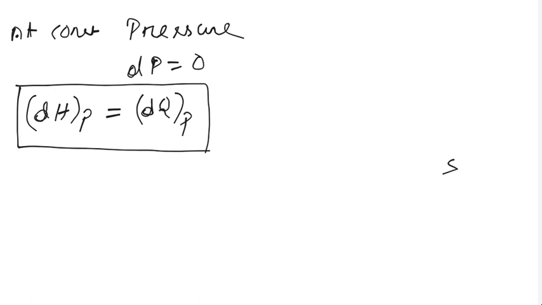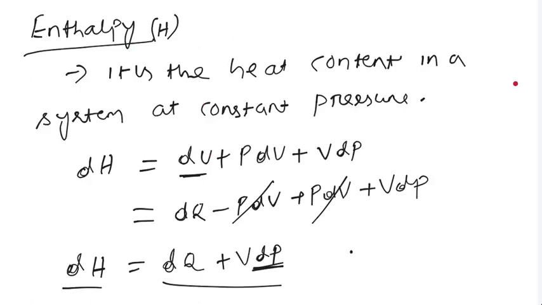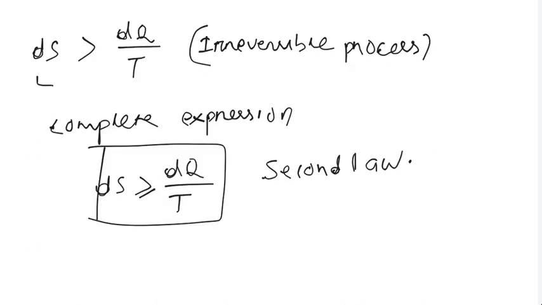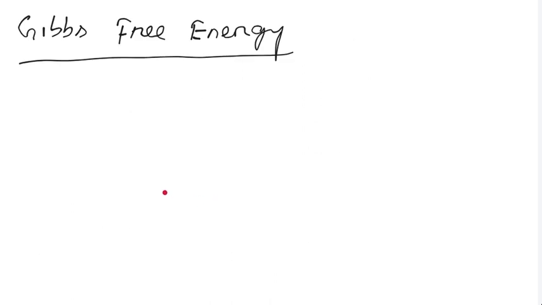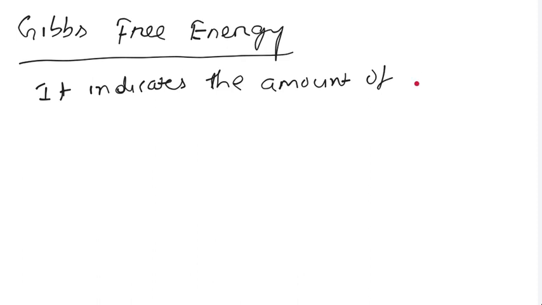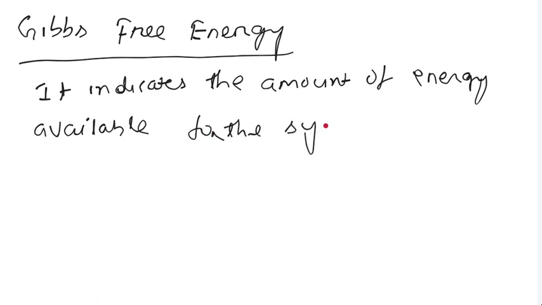Then comes Gibbs free energy. So it indicates the amount of energy available for the system to do useful work at constant pressure and temperature.